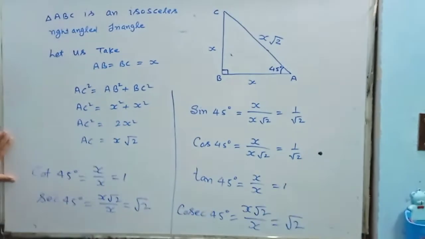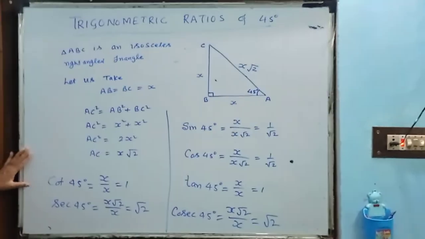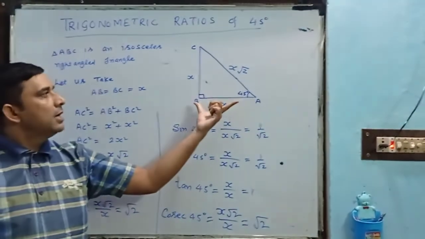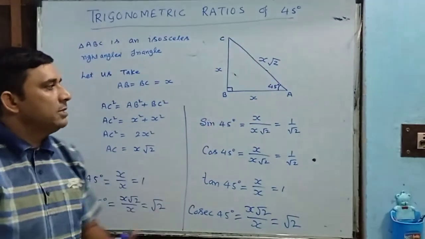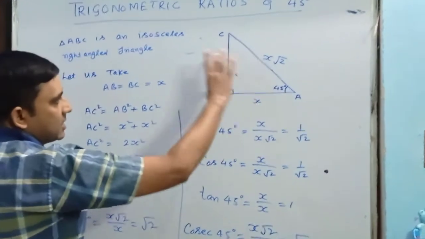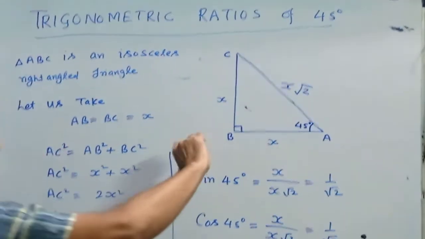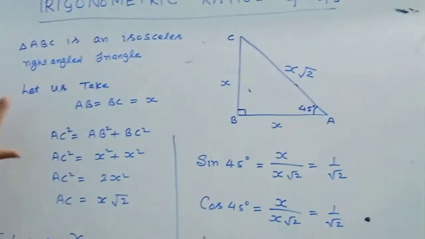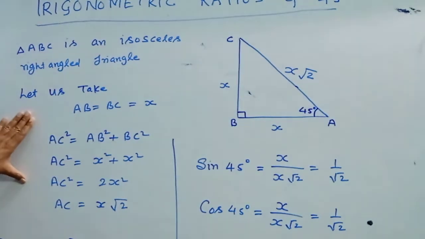So these are trigonometric ratios for 45 degree. Which figure we will use? We will use an isosceles right angle triangle. Isosceles means sides will be equal. If AB is x, then BC will also be x, and then we will use Pythagoras theorem. Pythagoras theorem can be applied for a right angle triangle.